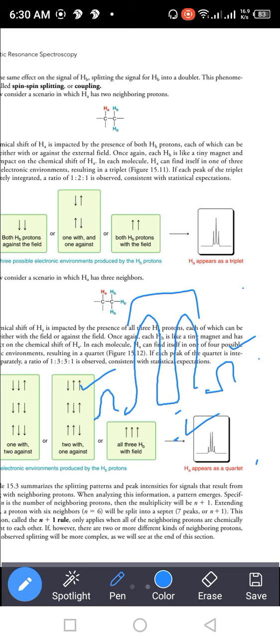This is the pattern of a quartet. In a triplet, there are 3 peaks: first, second, and third. The central peak is taller, and the peripheral 2 peaks are smaller and equal in height. This is the pattern for a triplet and a quartet.